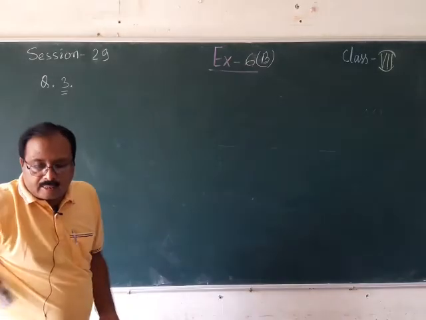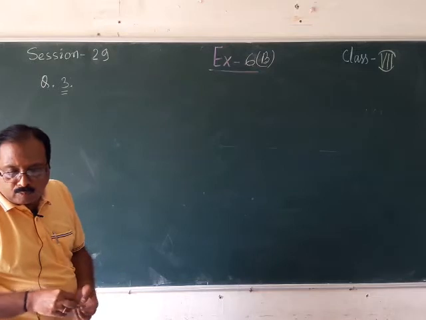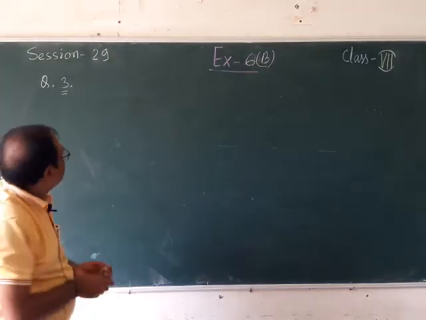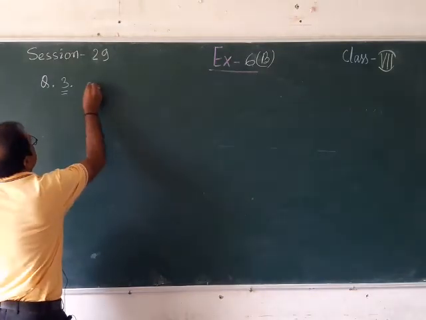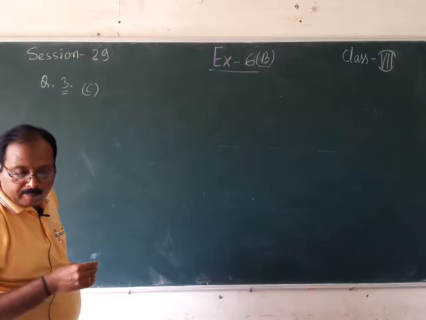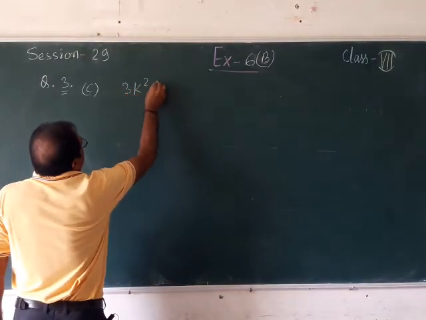Okay, so 3A is done. Now I am doing one more question, and this time I am taking 3C. What is there? 3k square plus 8k plus 3.